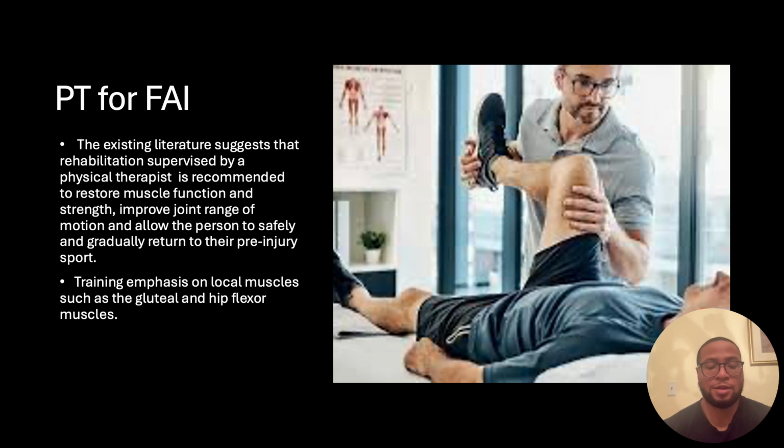Typically, interventions emphasize strengthening local musculature, being the hip flexors, hip abductors, gluteal muscles, as well as core strengthening.